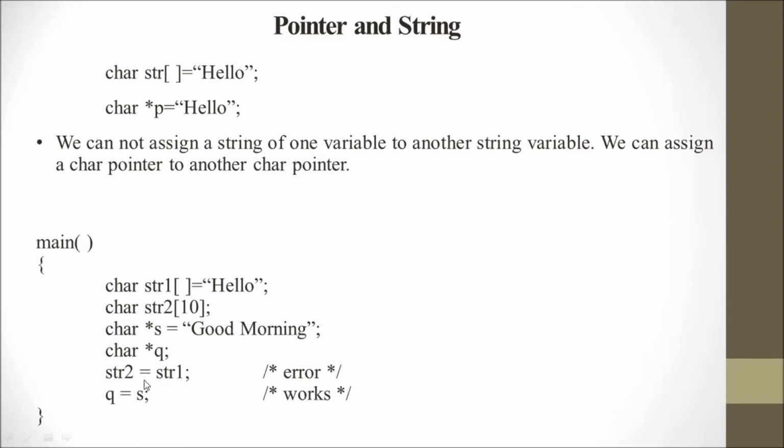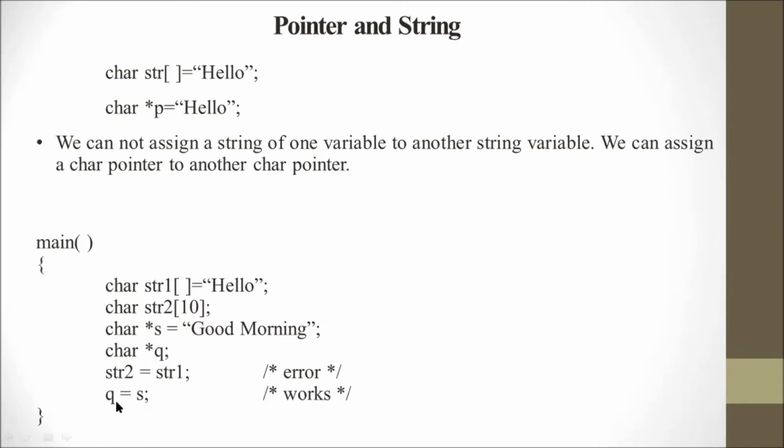Here string 2 is equal to string 1, so string 1 stores hello, and hello is assigned to string 2. And here q is equal to s. s stores good morning.